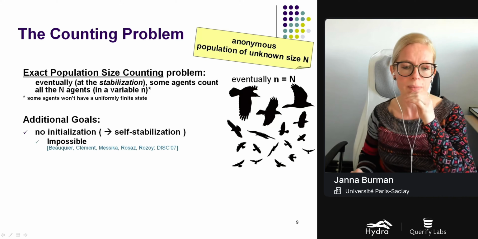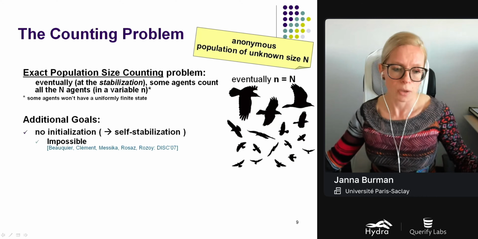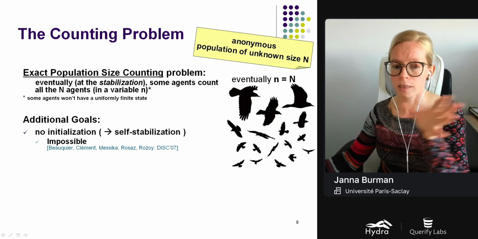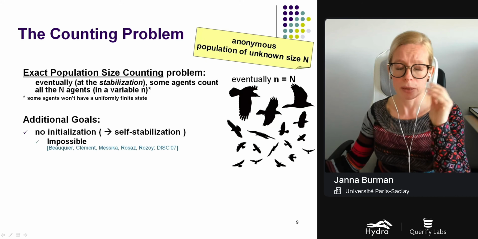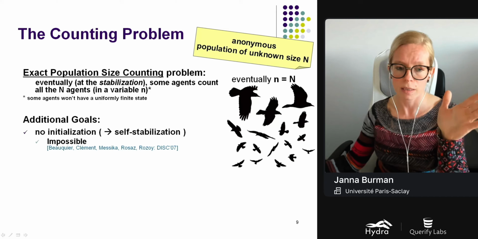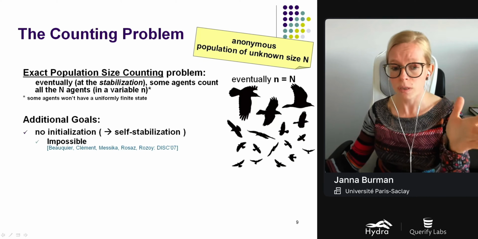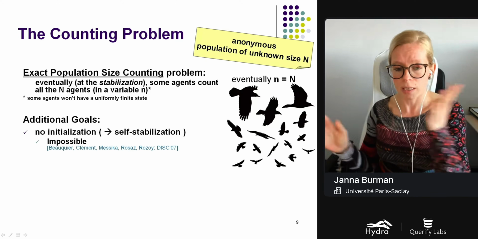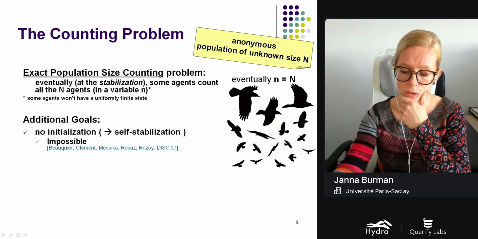Unfortunately, we can show relatively easily that it is impossible to obtain a purely self-stabilizing solution for this problem. I can explain in more detail how we can show this in the question section later. So we cannot allow a completely uninitialized solution.